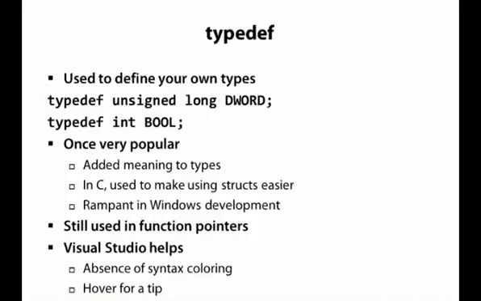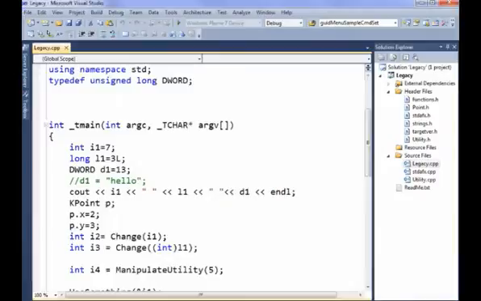Let me show you that really quickly. I have a demo here that we're going to use throughout this module, and you can see that my int and my long are blue and this dword is not. And if I hover over it, typedef unsigned long dword, which you can also see up here.